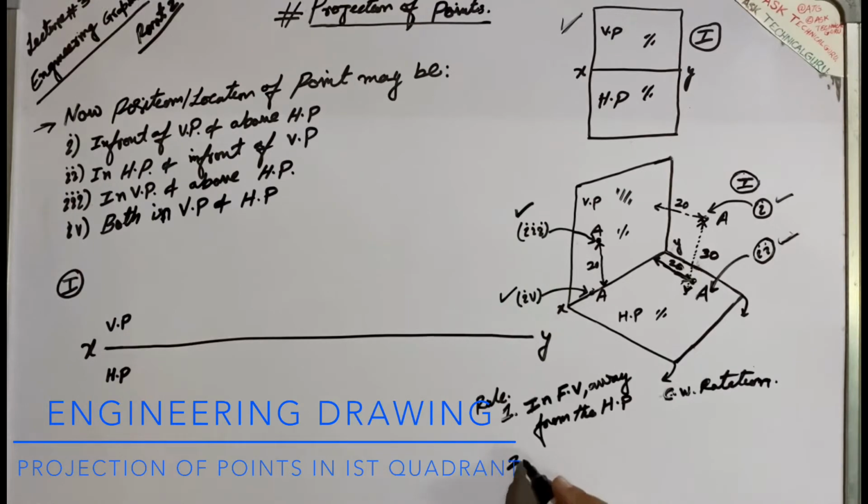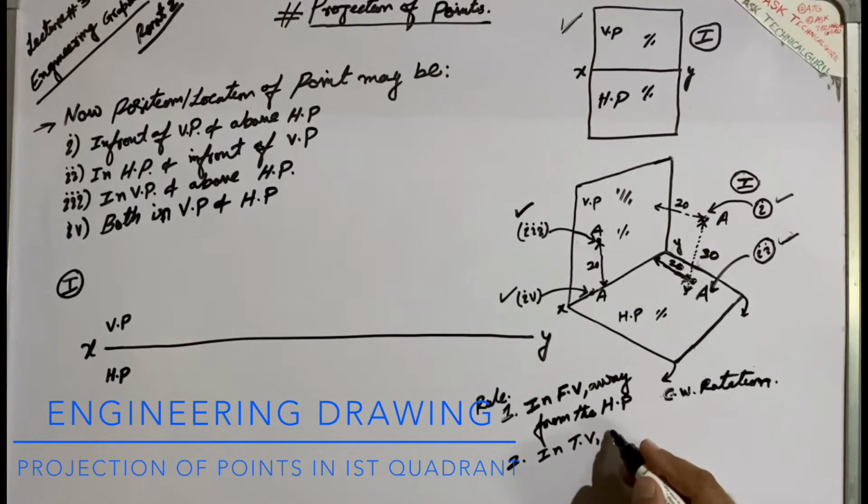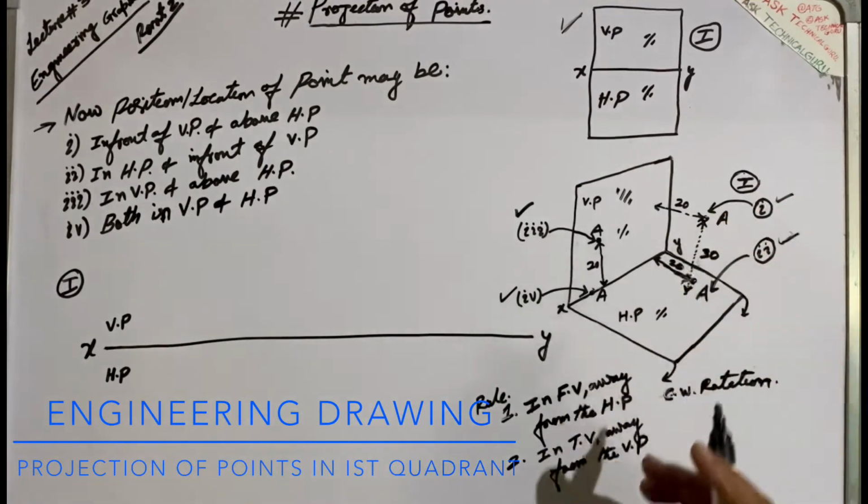Number 2 rule you have to remember is that in TV, means top view, we are able to see the position of the point, how much it is away from the vertical plane.